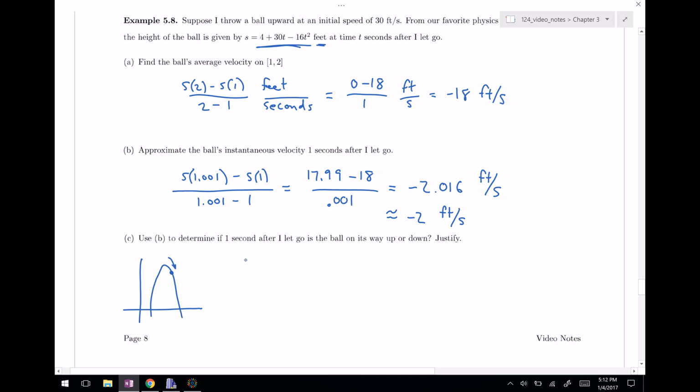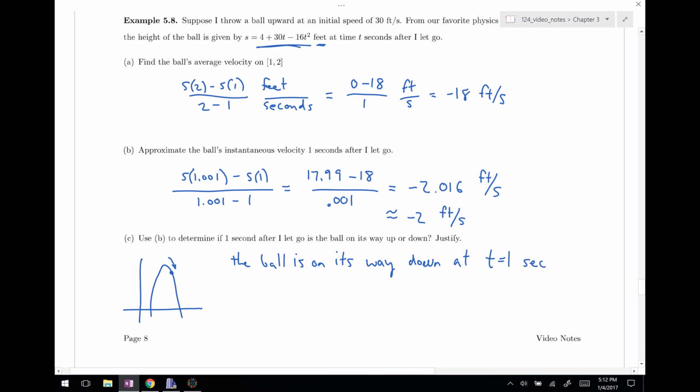So I'm going to say the ball is on its way down at t equals 1. I'll include the units.